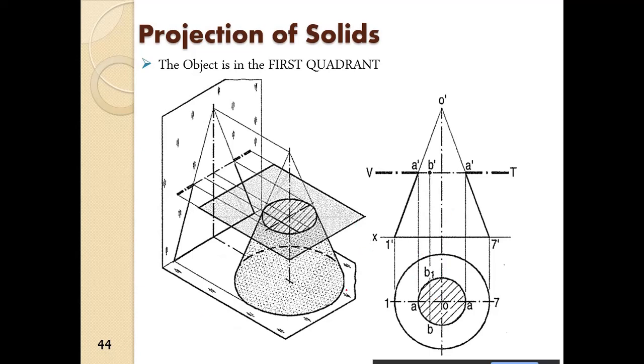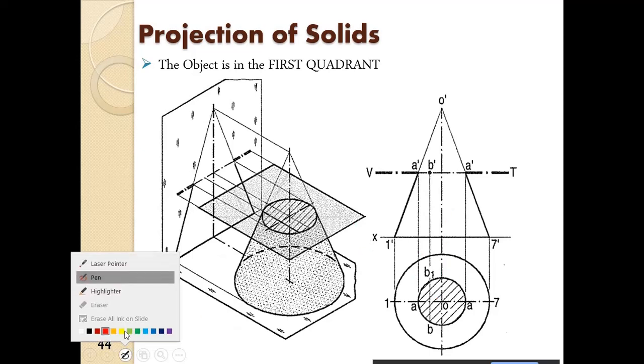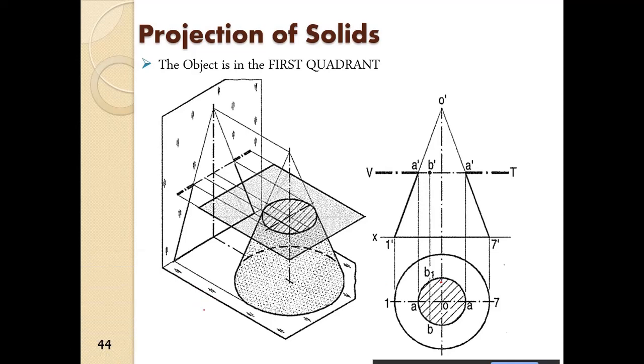So first step, again here also, step number one, draw the top view of the cone. Forget the intersection plane. First draw the cone top view. So the cone top view is drawn first.